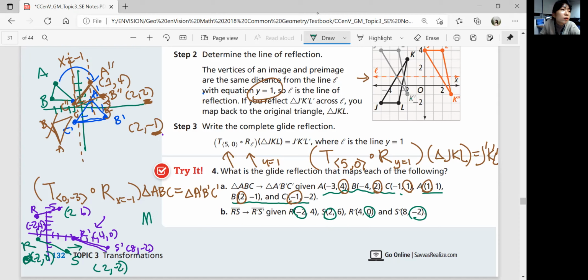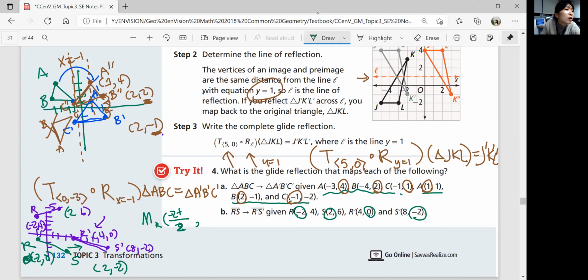Midpoint of R should be -2 plus 4 divided by 2. That is your midpoint equation for your x value. And then your y values, you add them together and then divide by 2 again. Okay, wait. I did not use the right x value.